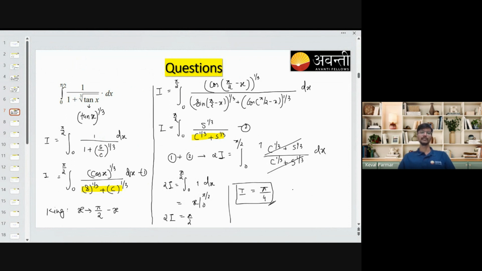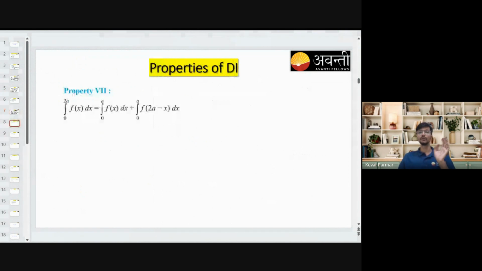Okay, guys. So after this, we have another property which is known as Queen. Now, Queen helps us to halve the limits, or to halve the upper limit. As you can see here, from 2a, the limit reduces to a.